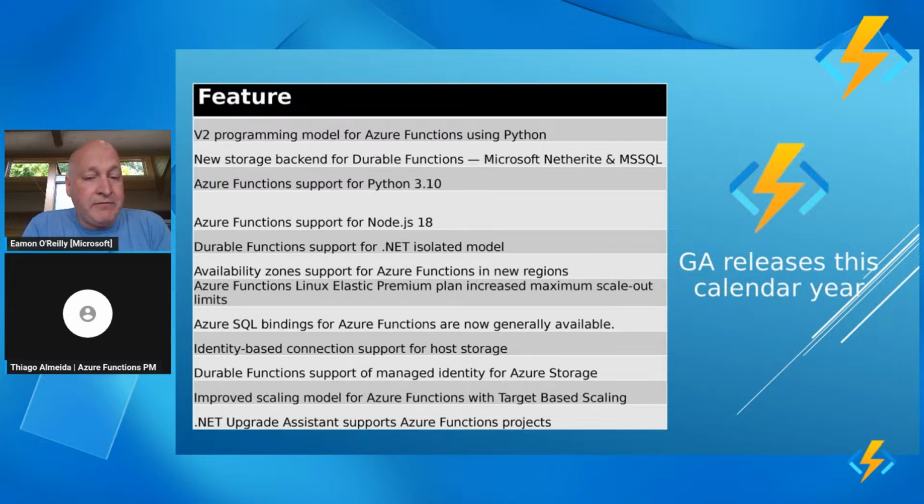And then the other thing that we released into general availability was Microsoft SQL support. What this gives you is portability of durable functions. So if you're running them in another environment where maybe Azure Storage or Microsoft Netherite isn't available, you can now host and run your durable functions in that environment, like maybe Kubernetes with SQL available, so that you can still get the same functionality.